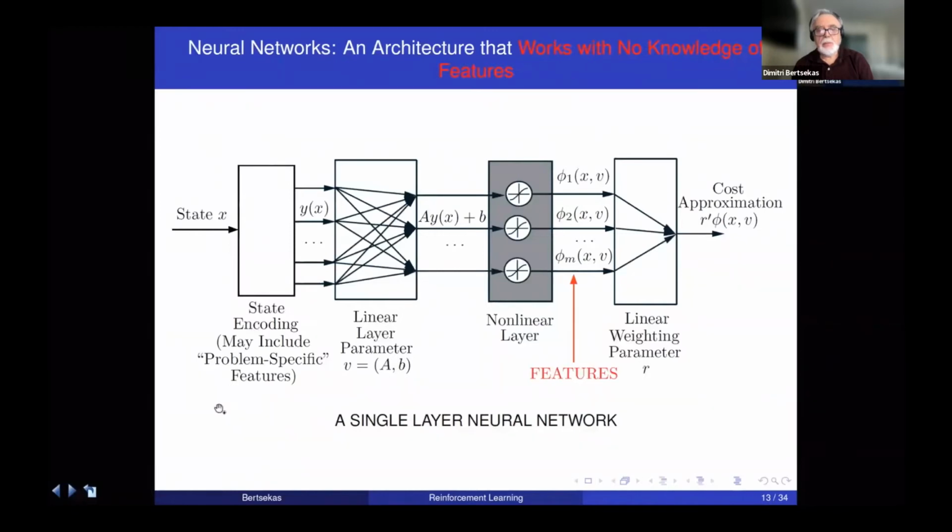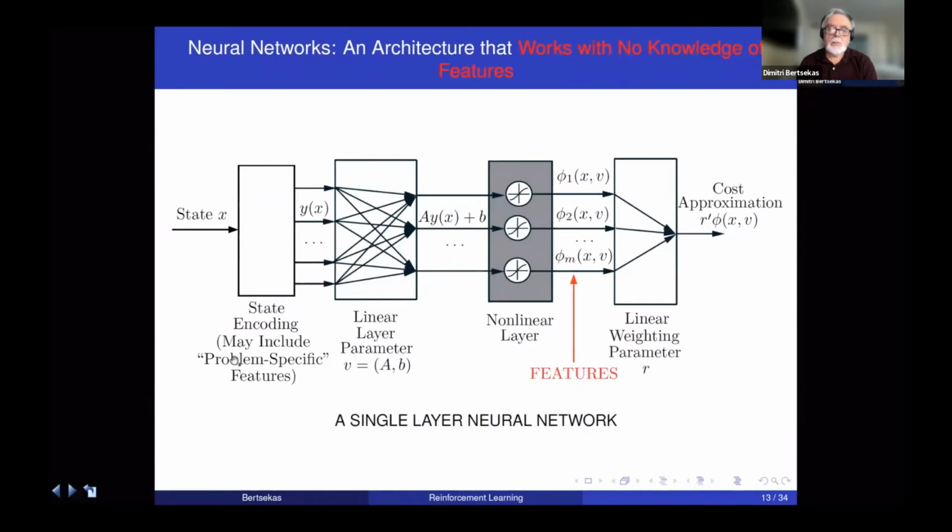So remember that what we want in a cost approximation architecture is, given a state, to obtain a cost approximation. And the way we do this with a neural network, a single layer neural network, a simpler version of a neural network, is we first take the state x and we encode it into some function y sub x, so that y sub x is suitable as input to the neural network.